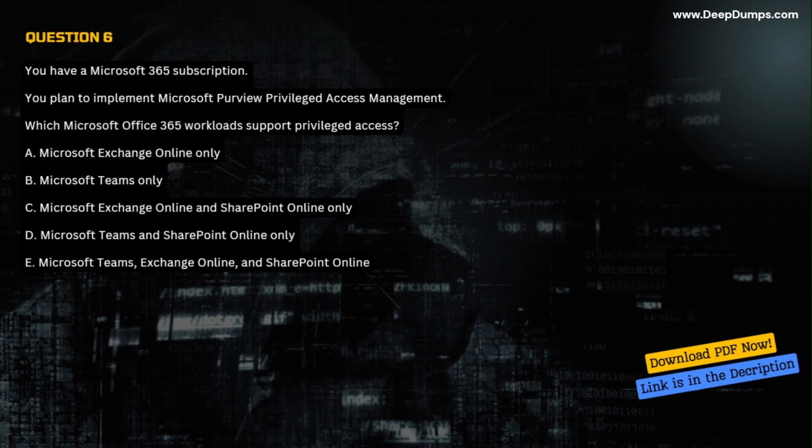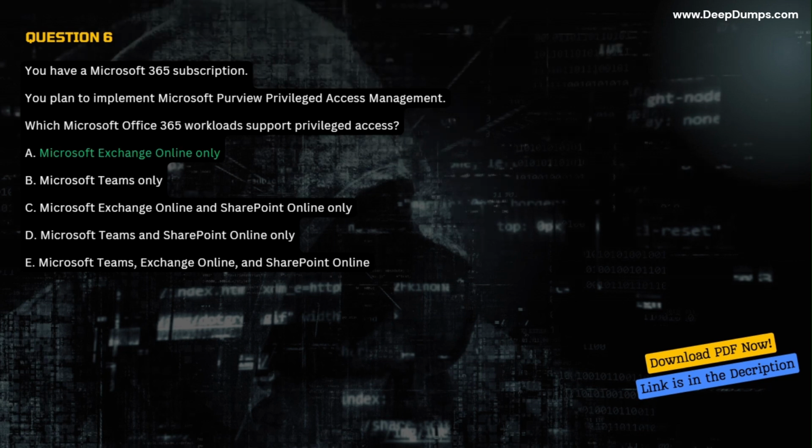B. Microsoft Teams only. C. Microsoft Exchange Online and SharePoint Online only. D. Microsoft Teams and SharePoint Online only. E. Microsoft Teams, Exchange Online, and SharePoint Online. Correct answer A. Microsoft Exchange Online only.